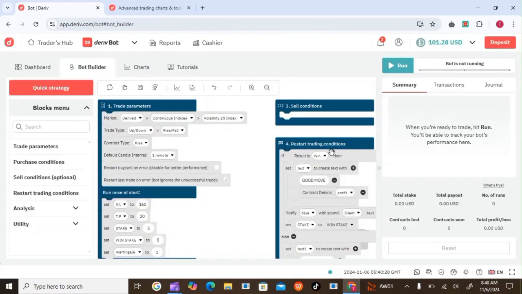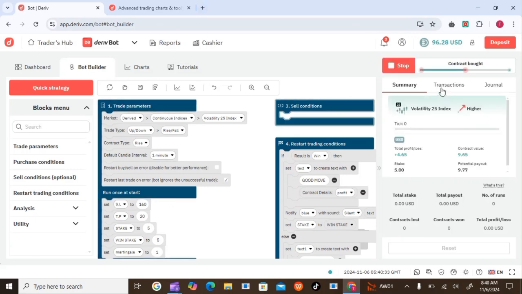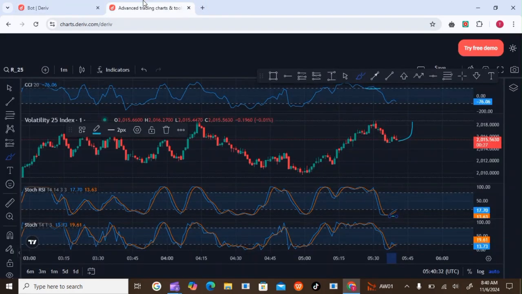So we can run the last round. We run our bot, and then we wait for the good wins to happen. Currently you can see the candlestick is bearish, but it's trying to pull back to the up direction. So we have no issues.